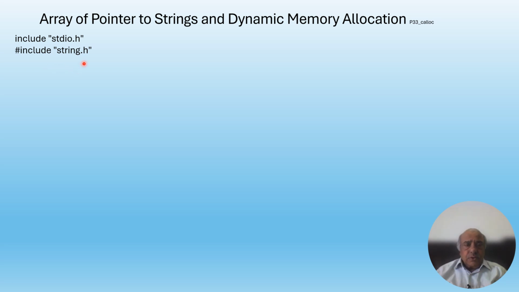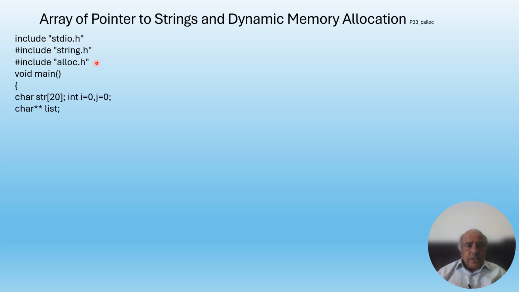When we use strings, we include string.h, and a third file which we are using for the first time in this series of lectures is alloc.h. This header file contains all the information about the dynamic memory allocation functions available to C.